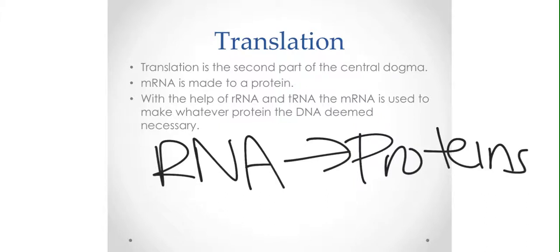So it translates it. If it's UUU, what's the only nitrogen base that binds with UUU? I hope you said AAA. So that's the anticodon that goes with UUU. So that's what tells the tRNA molecule, this is what I need to make, the opposite or the complementary pair.